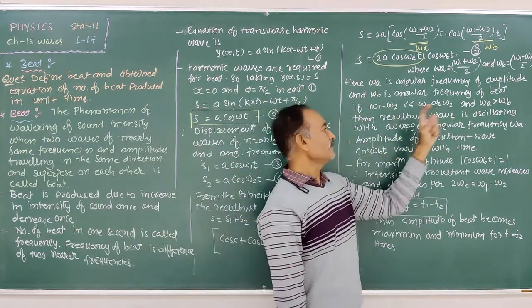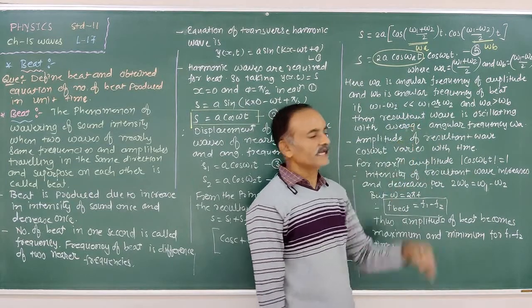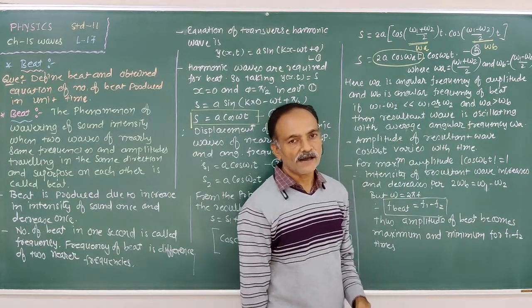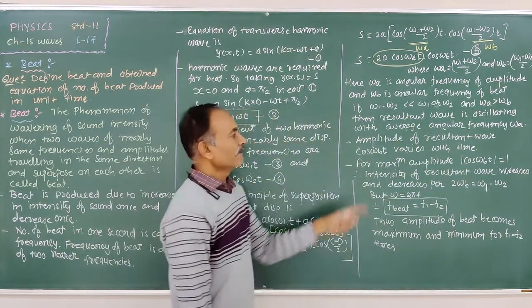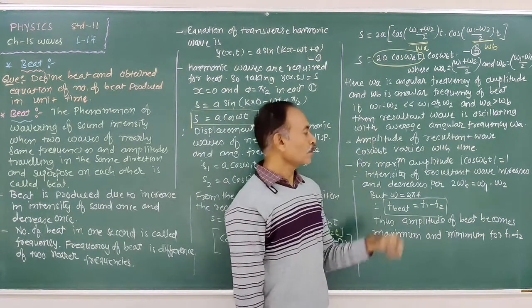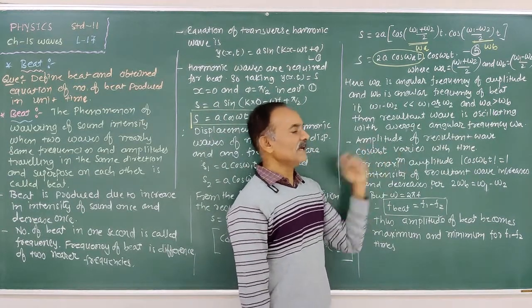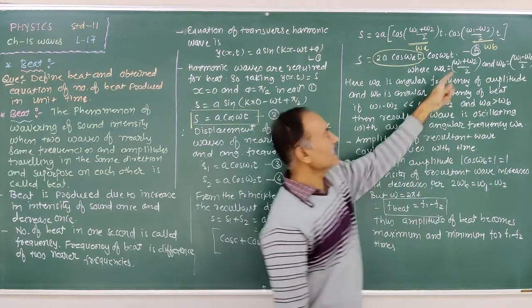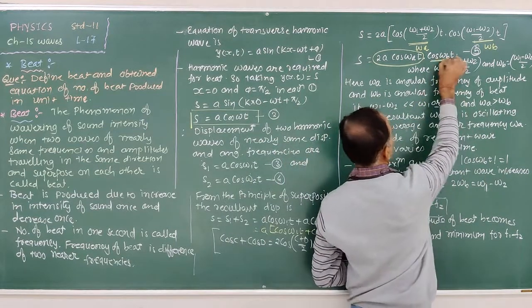Then the resultant wave is oscillating with average angular frequency omega a. Now the amplitude of the resultant wave, cos omega b t, varies with time. That is the angular frequency of the beat.